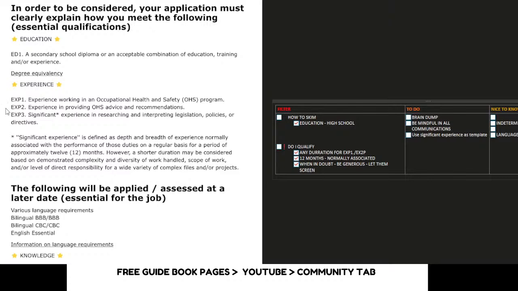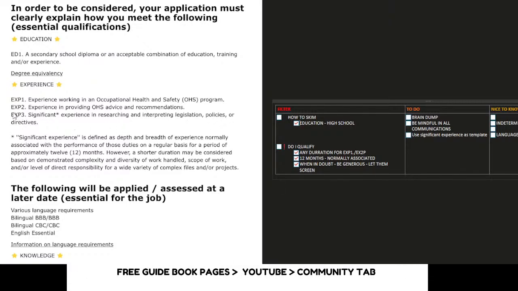So another thing that I want to mention here is that if you look at these 3 experience factors, clearly this position is about occupational health and safety. But if you look at experience number 3, it says experience in researching and interpreting legislation, policies, or directives.